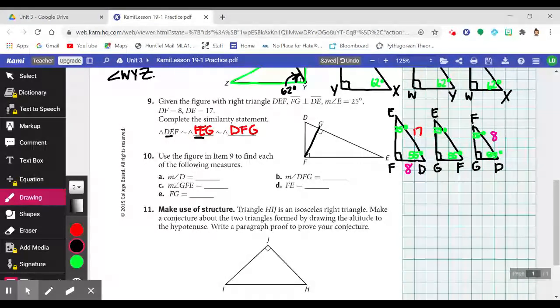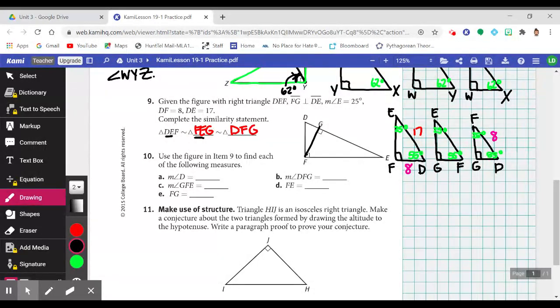For example, DE is the hypotenuse of the larger triangle. FE is the longer leg of the largest triangle, but it's also the hypotenuse of the medium triangle. So that's why these similarity statements look a little bit weird, because these segments are acting as 2 different types of segments depending on which triangle we're looking at.